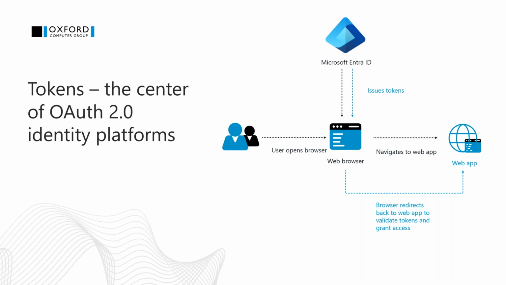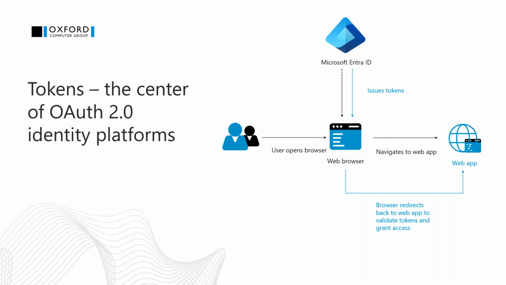Those are identity providers that are utilizing OAuth 2 as the authentication protocol and authorization protocol. And so the way it does that is by issuing these tokens. Those tokens contain claims about the user, such as username, their title, groups that they may belong to.